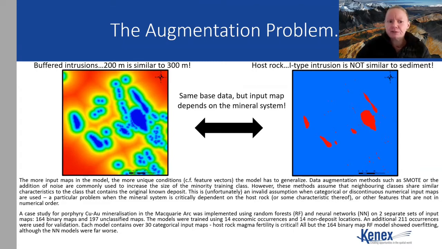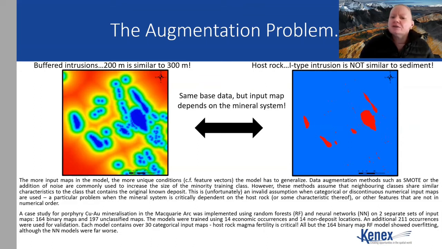If our original deposit is 200 meters away from a known intrusion, we can safely generally assume that putting an augmented data point at a 300-meter buffer distance is probably close enough geologically to having it at the 200 meters. So our original point's at 200 meters, our augmented data point is at 300 meters. That's okay, right? That works for that particular mineral system where the buffered intrusions are an important targeting criteria.